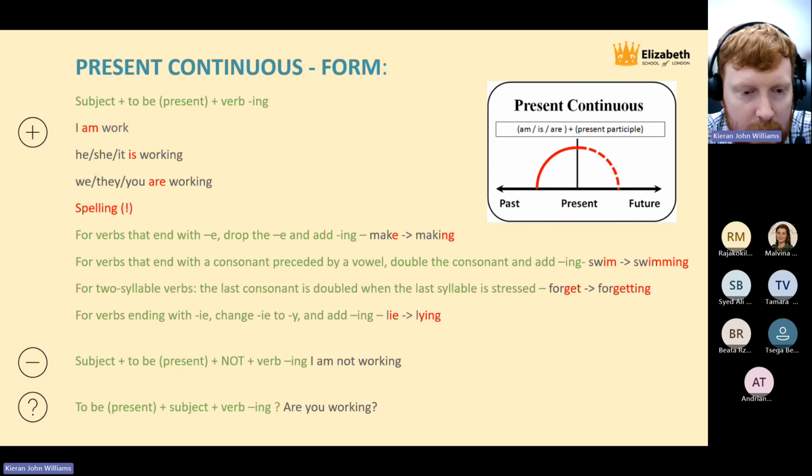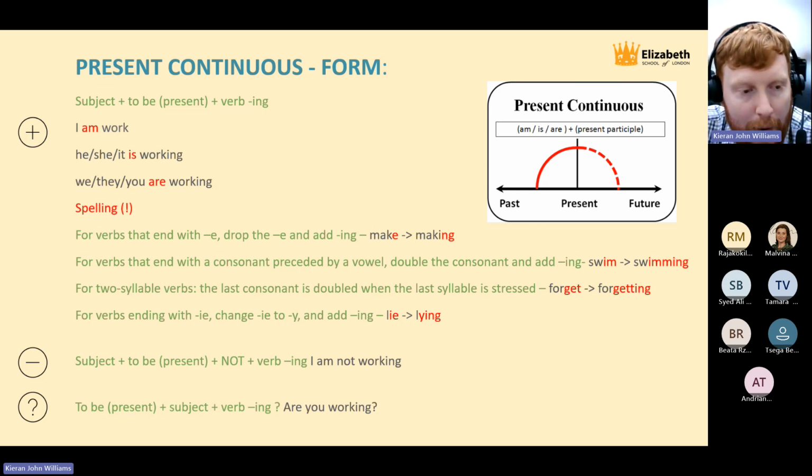Okay. All right. So if you have a look at this one here, it is L and then IE. So in that situation, we change the IE to a Y and then add ING. Okay. All right. So those are a few different rules that we need to think about while we're spelling.